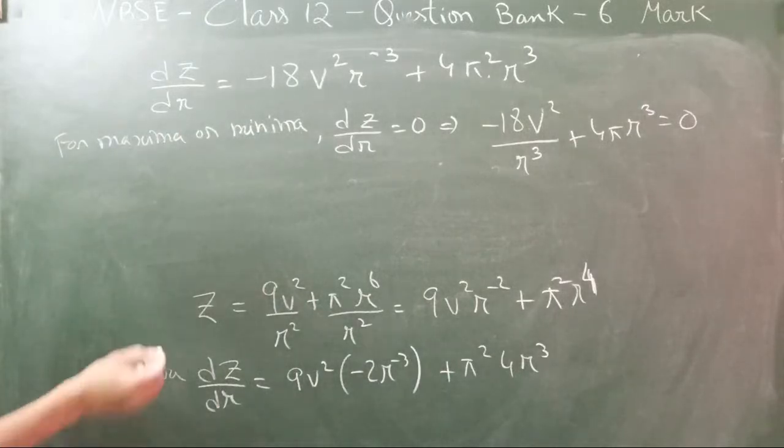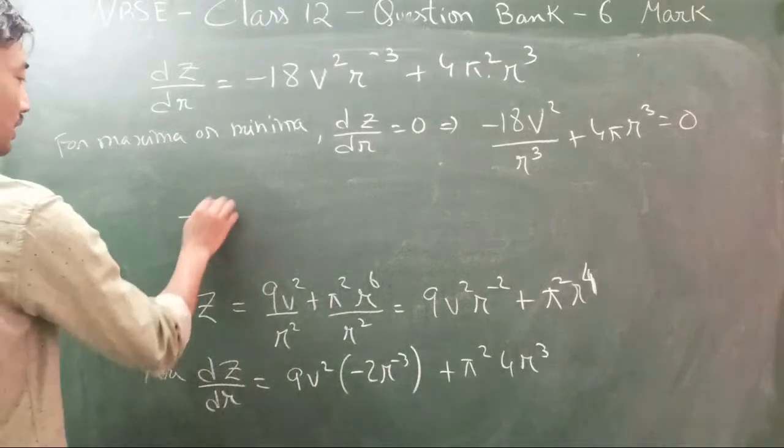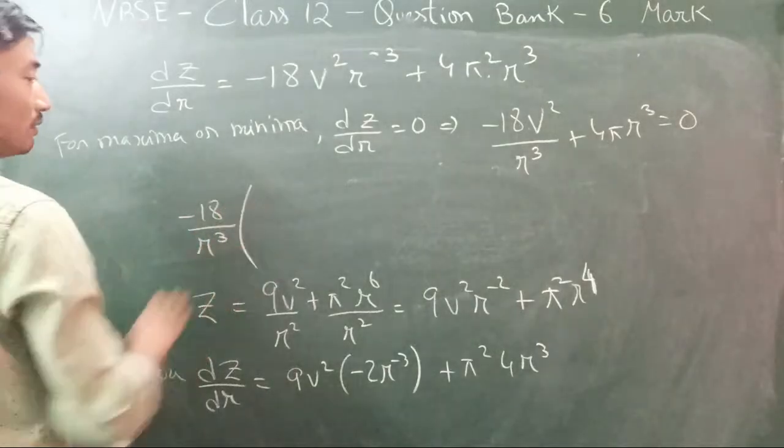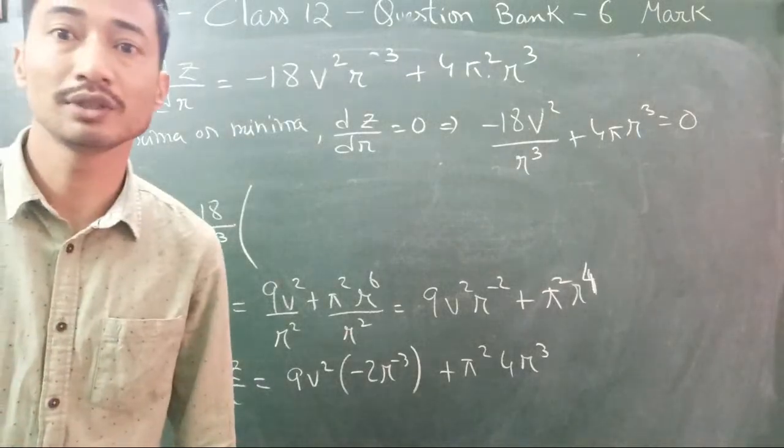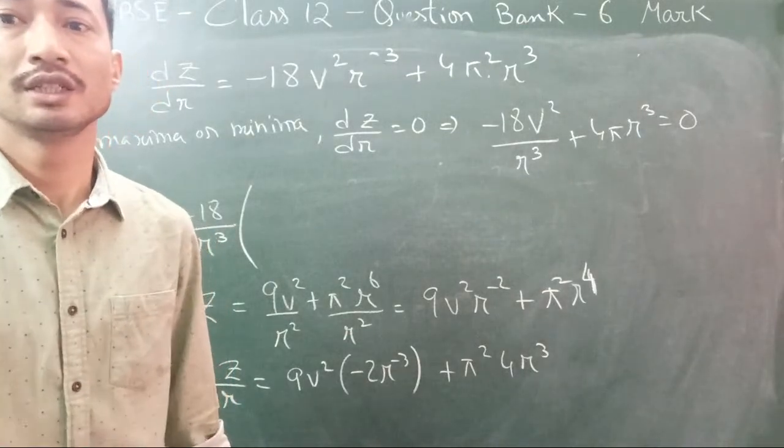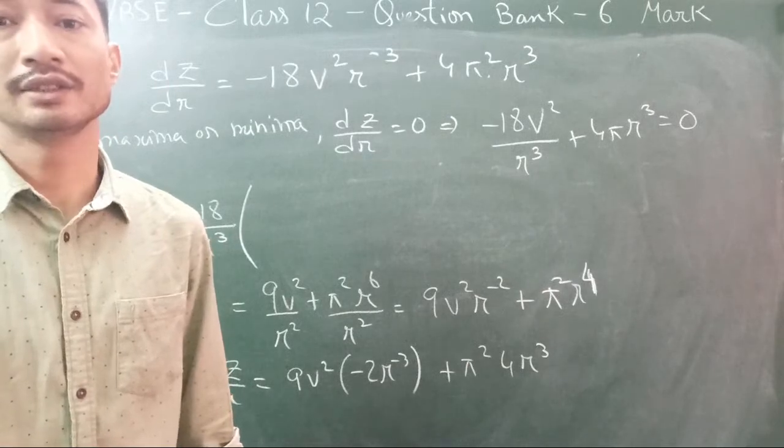So now again, going back, minus 18 by r cube, the b square value I'll substitute back again.